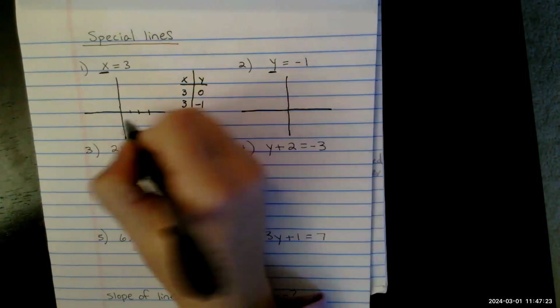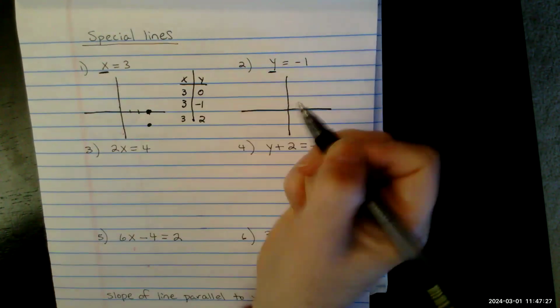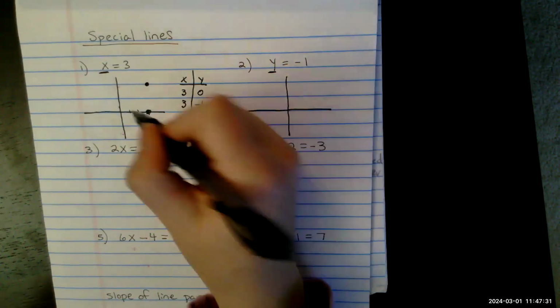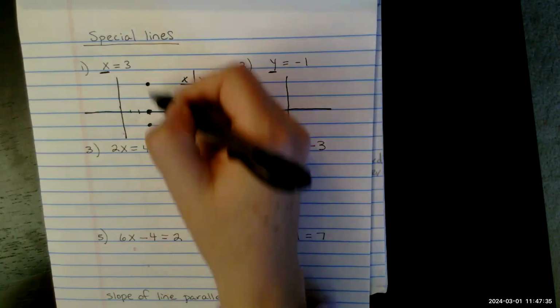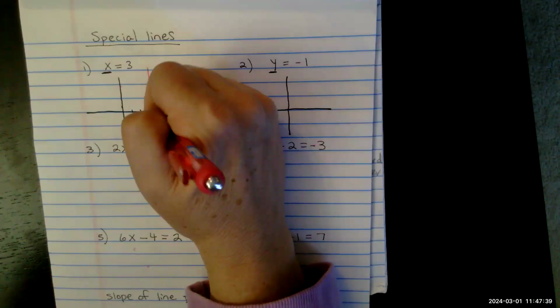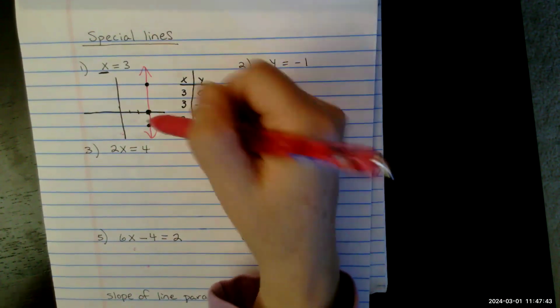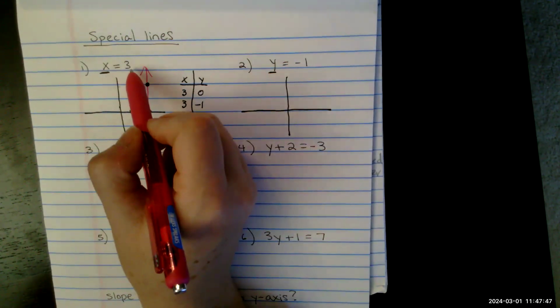So 3, 0 is here. 3, -1 is here. 3, 2 is here. Do you see what's happening? Even if I did 20 more points, they would all be on top of these points, right? Above or below. So we have a vertical line. That is always going to happen if it's just x equaling a number.